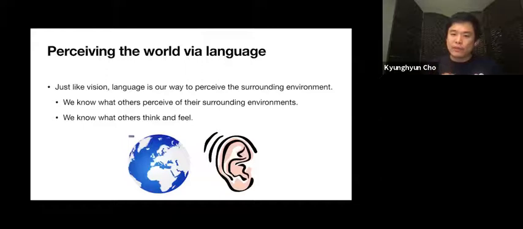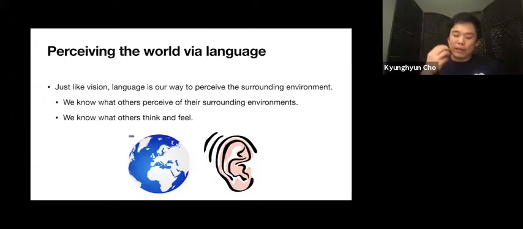Just like vision that we have learned from previous lectures, language is our way to perceive the surrounding environment. By hearing or reading what others have said or written down, we know what they perceive of their surrounding environments. Thereby, we know more about the world in which we are.